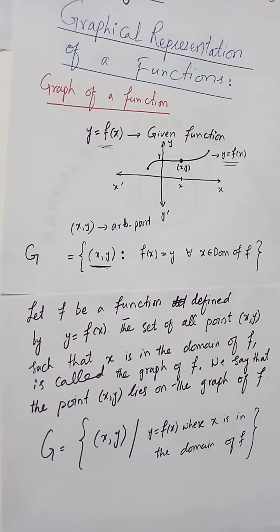But ordered pairs are infinite, so it is not possible to plot all the points which lie on the graph of the given function. So for that you need to know the shape of the graph of that function. For example, remember that the graph of a linear function is a straight line.